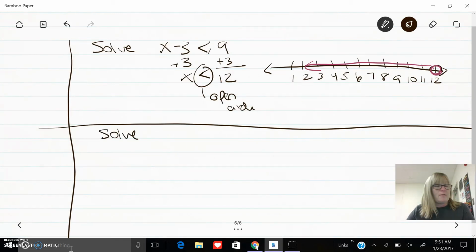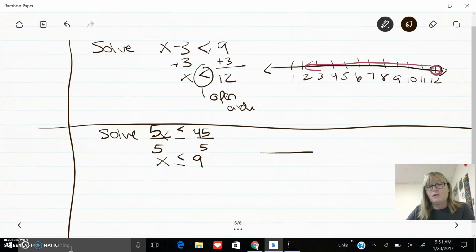Solve 5x is less than or equal to 45. All right, I need to do what to the variable? Isolate. So I'm going to do the opposite of multiplication, which is division. Got to do what I do to one side, I have to do to the other. So 45 divided by 5 is 9. So x is going to be less than or equal to 9.